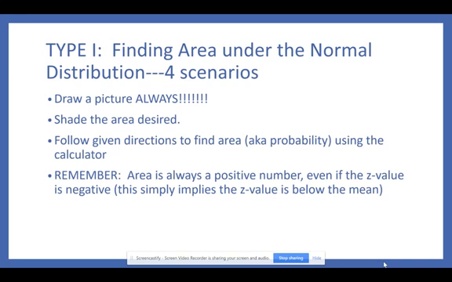In Lesson 2, we talked about how probability is between 0 and 1. And so we know that probability is never negative, area is never negative, nor is percent. Now you may have a z-score that's negative, but remember it's okay for z-scores to be negative because that implies that your particular value is below the mean.